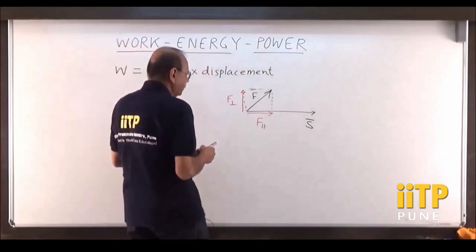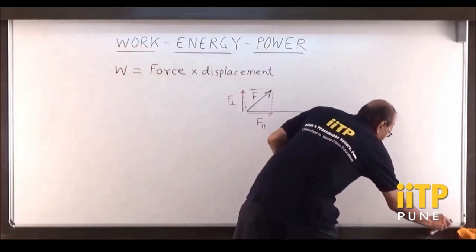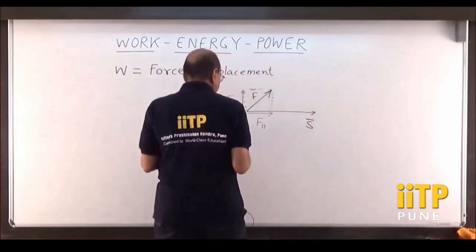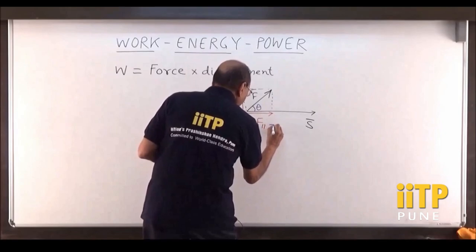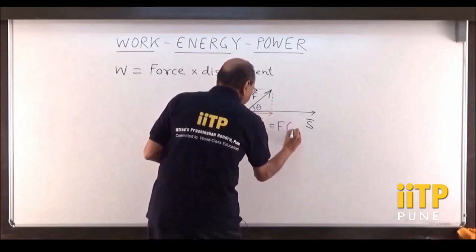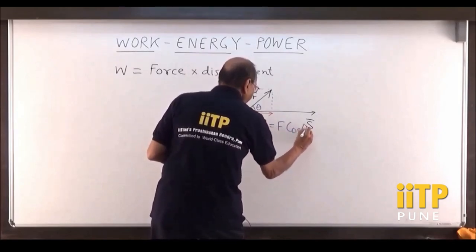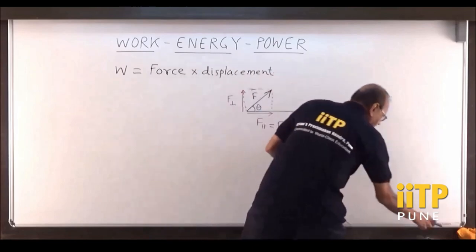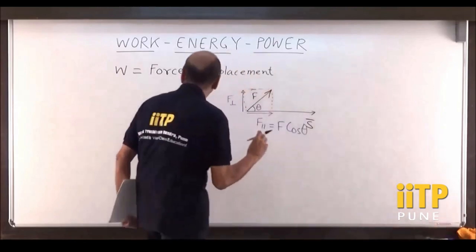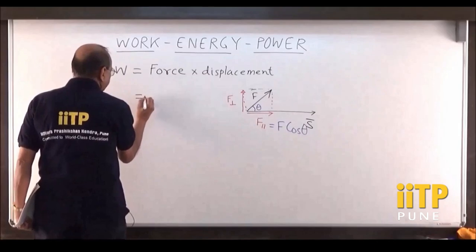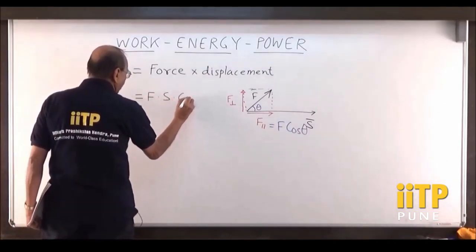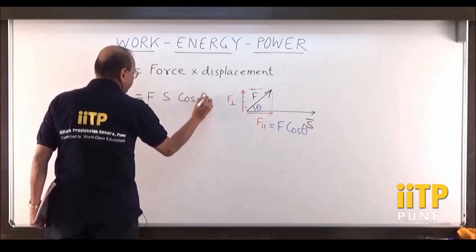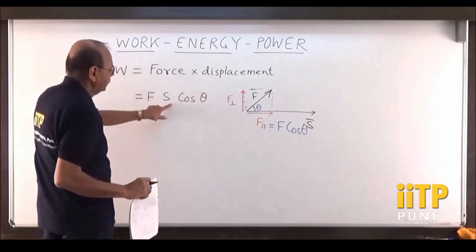It's very easy to see that if the angle between them is theta, then this F parallel is nothing but F cos theta, and therefore I can easily write this equation for work as F S cos theta, because F cos theta into S.